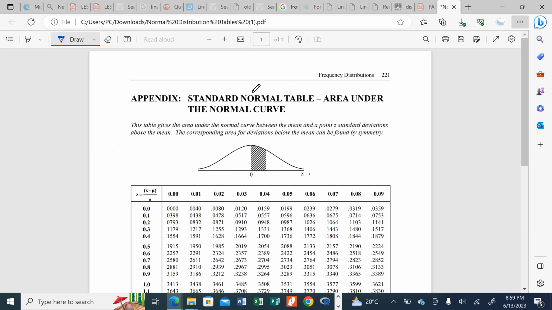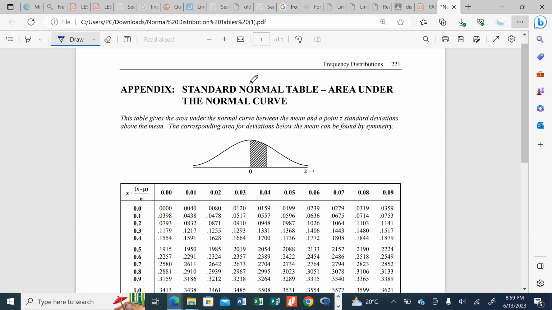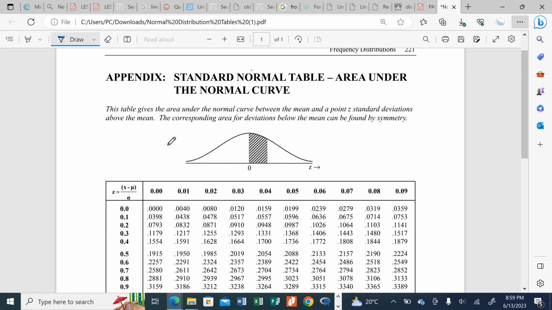So I guess now it's visible. I'm sharing the standard normal tables, if I'm not wrong. So there's this narration here, which says, the table gives the area under the normal curve. Now we are aware that area under curve just means the probability between the mean.